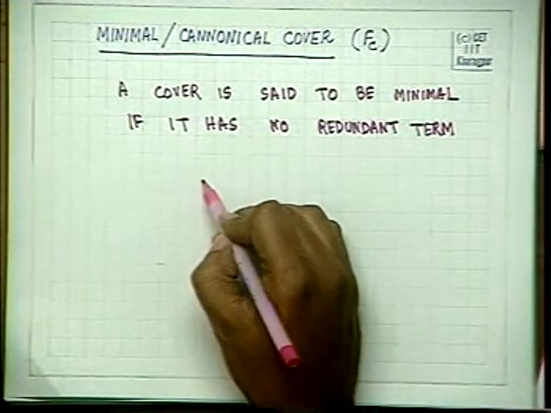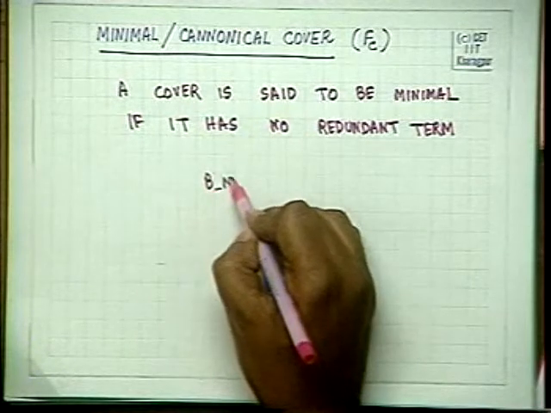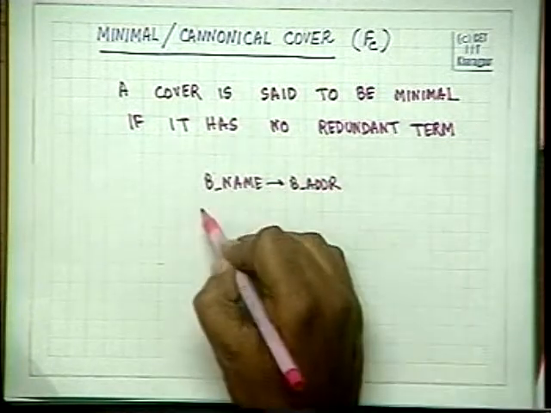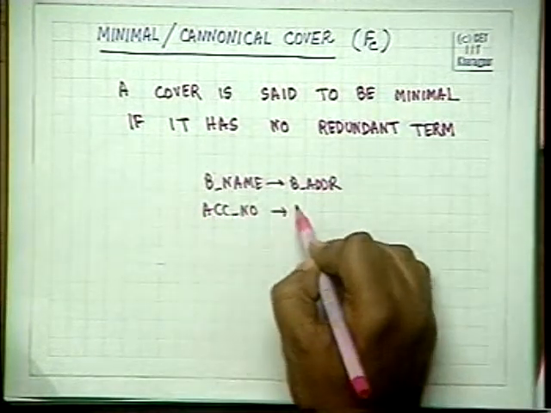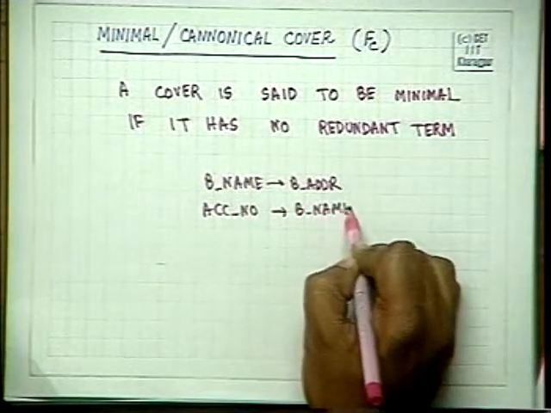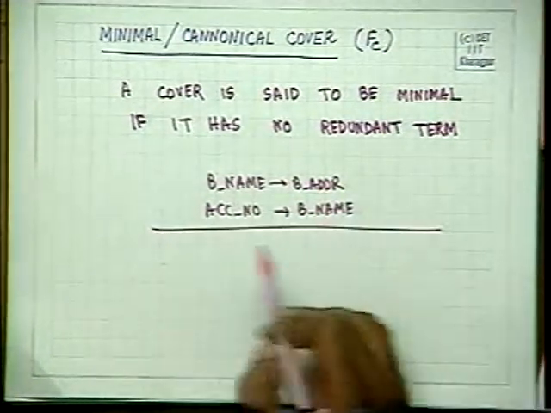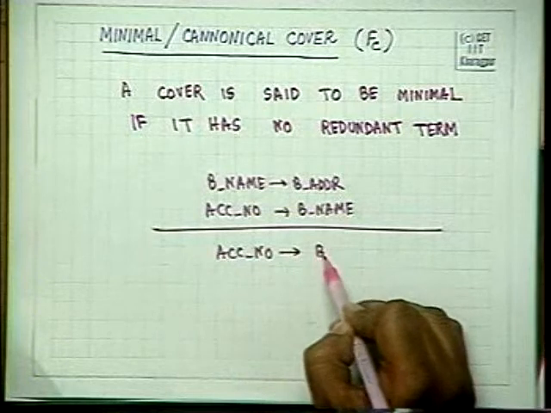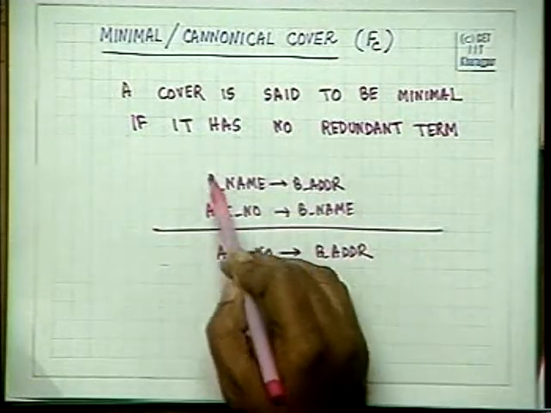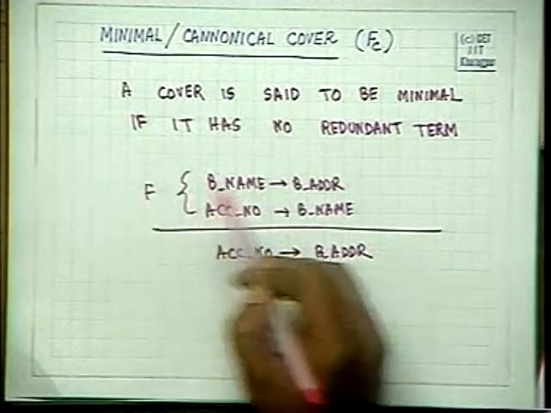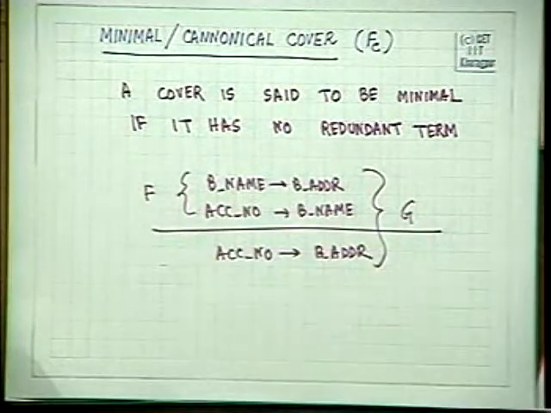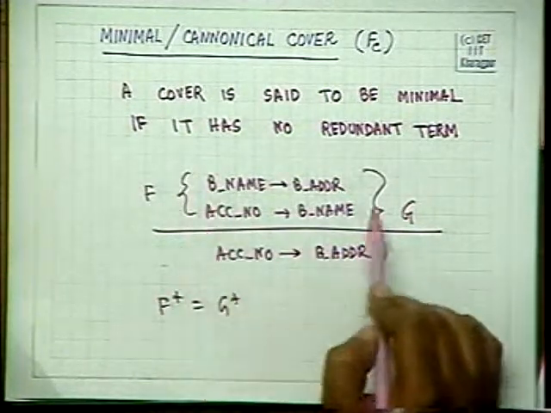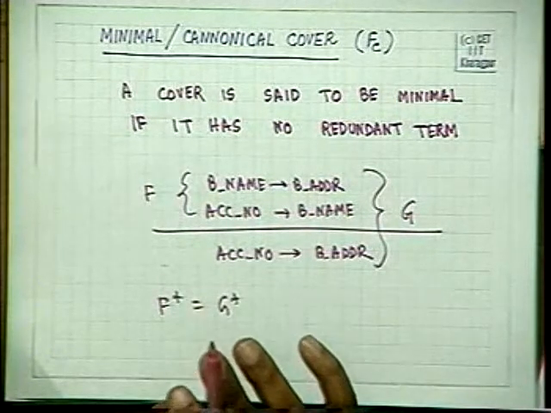Our idea is, if we have borrower's name to borrower's address, accession number to borrower's name, then this is sufficient, and we will not want to write down additionally accession number to borrower's address, because this functional dependency F covers this G, because F plus is equal to G plus, and we would like to have the smallest set here, so that is sufficient to express ourselves.